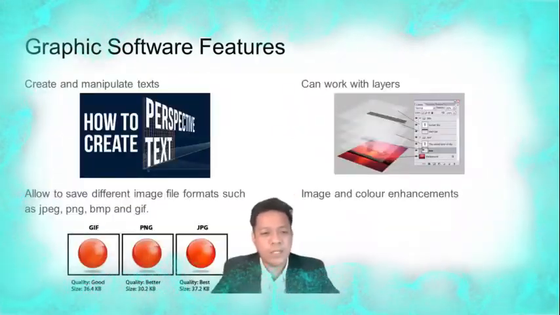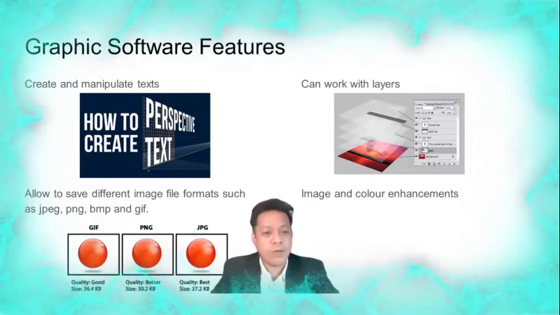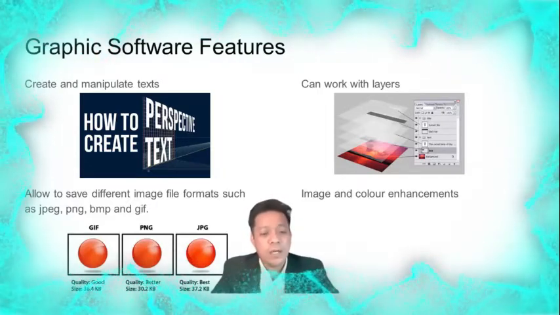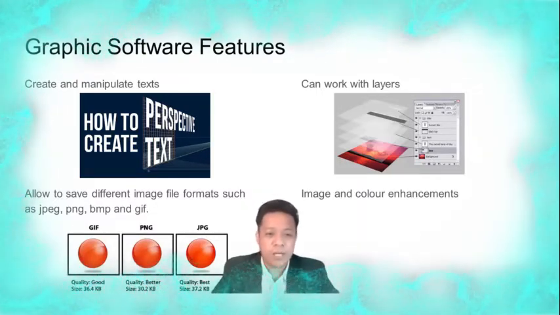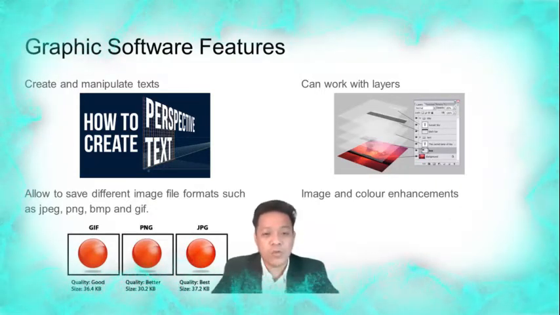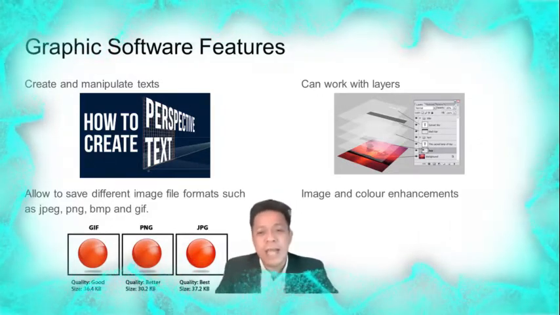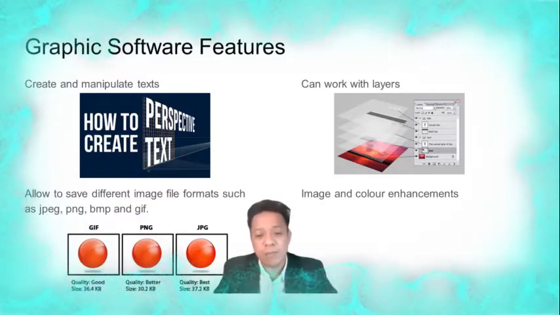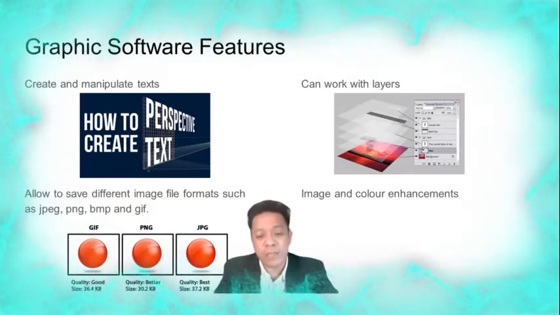Another important thing is the graphic software features. From this slide, we can see how we can create and manipulate text. The graphic software can manipulate it using a few features available in the software. First, we can transform 2D text into a perspective. Also, we can work with several layers, because every layer represents a different type of image, so that we can combine several images into one image.